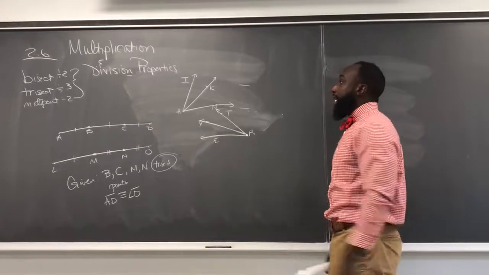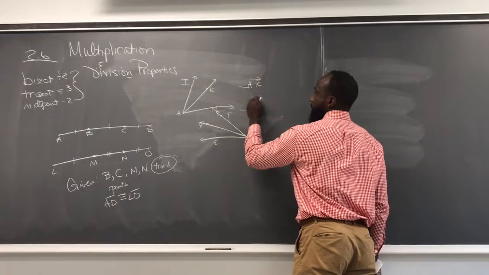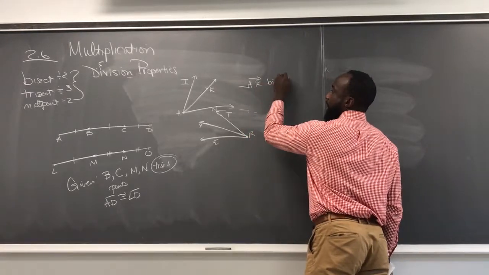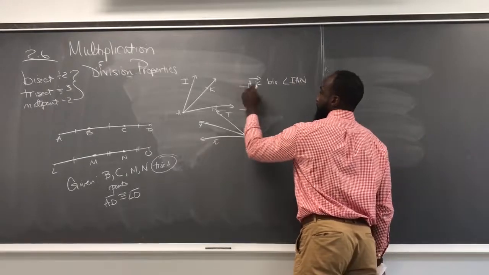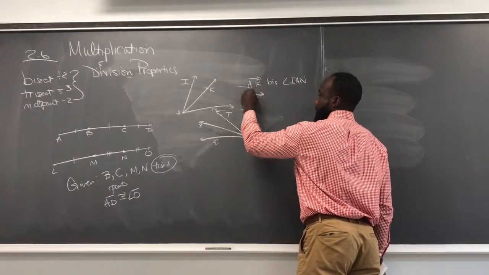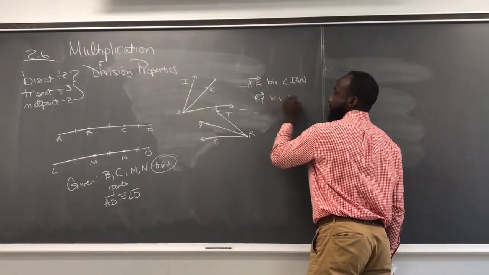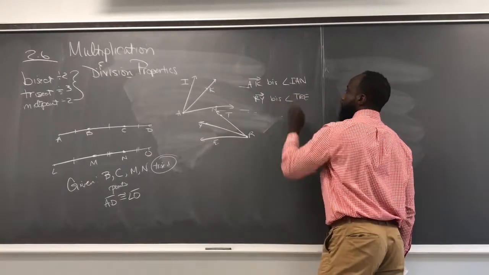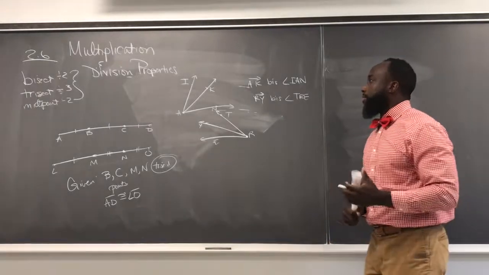So, if AK bisects angle IAN and RY bisects TRE, I'll check that out. It's cool, huh? All right.